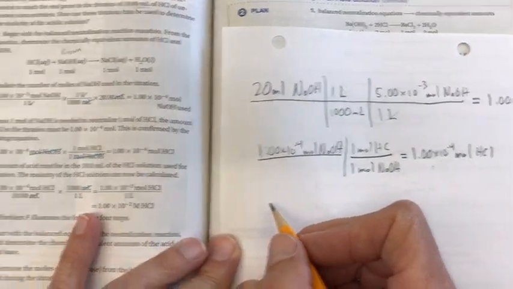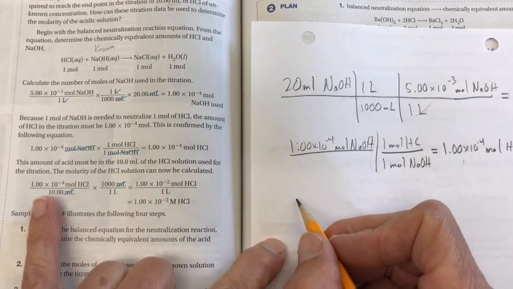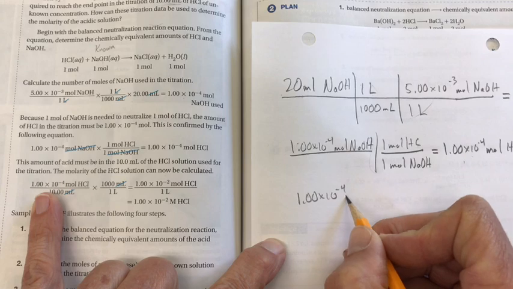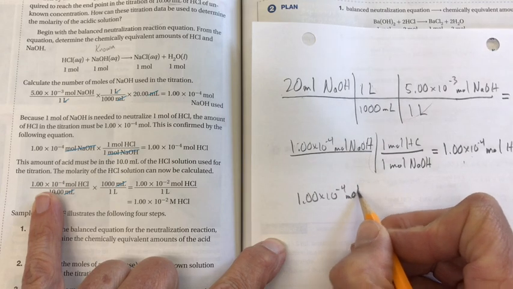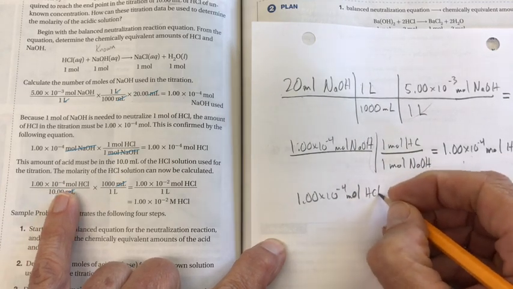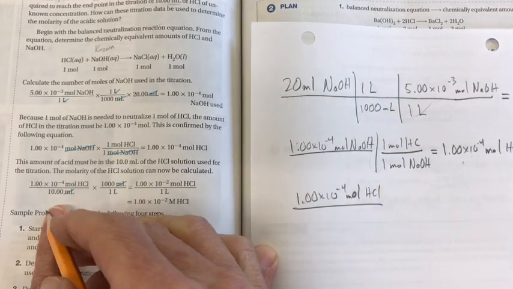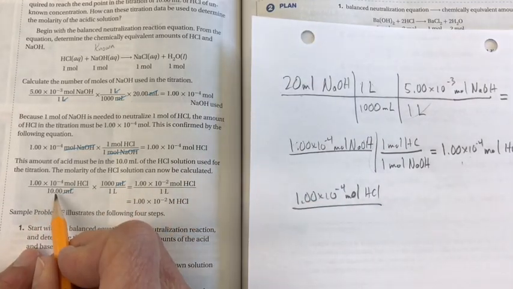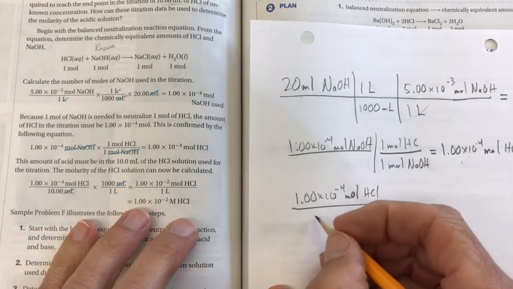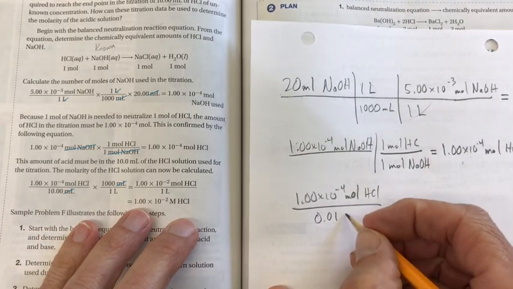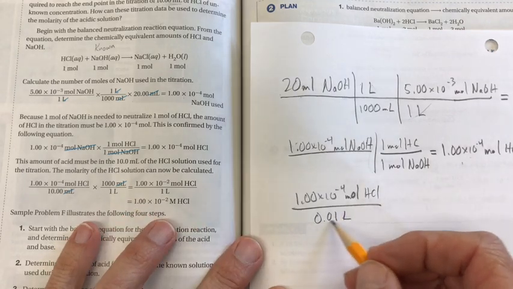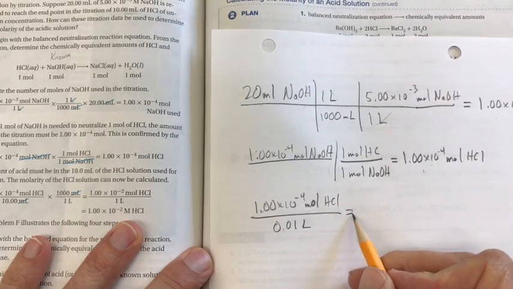So I could have been a little bit lazy, and I could go 1.00 times 10 to the negative 4 moles HCl, and divide it by, instead of doing this conversion, I can just move the decimal over 3 places, 1, 2, 3, and I get 0.01 liters. So I get moles per liter, but this is not a 1, so I'm going to have to do a little bit of math.